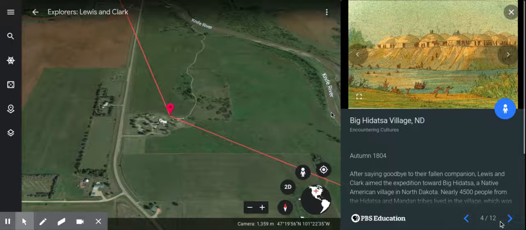So make sure that the question relates to the stop. And again, you can see the stop right down here in the corner. Here it says stop 4 of 12. If I look at the Google form, there is not a stop 4. So you do not have to answer a question related to this stop. I hope that makes sense.